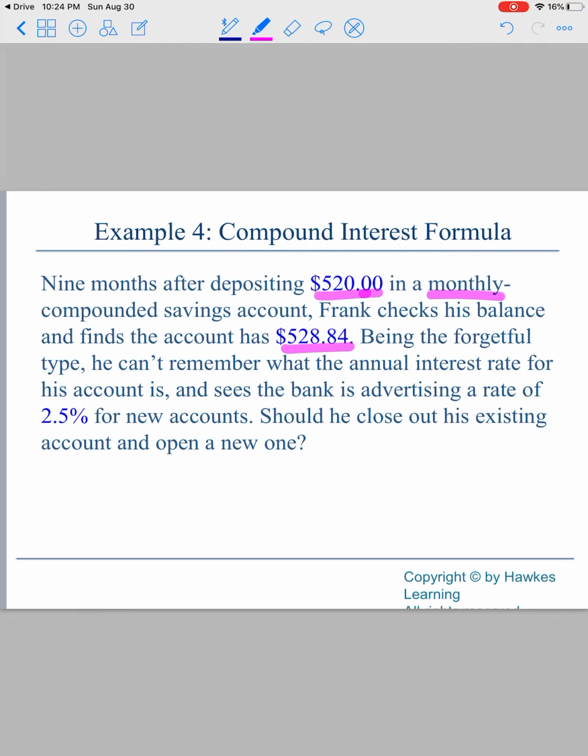And our t, it says after 9 months. So really quick, what is our time? 9 out of 12 months reduces to 3/4, which is 0.75. So that's going to be my time.